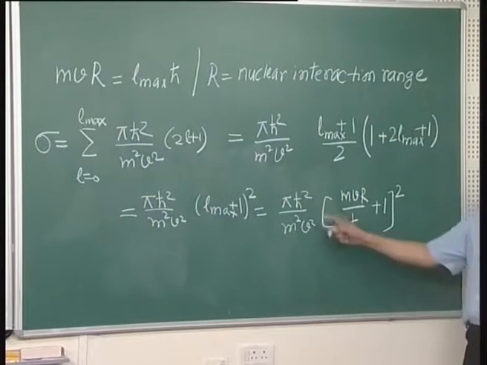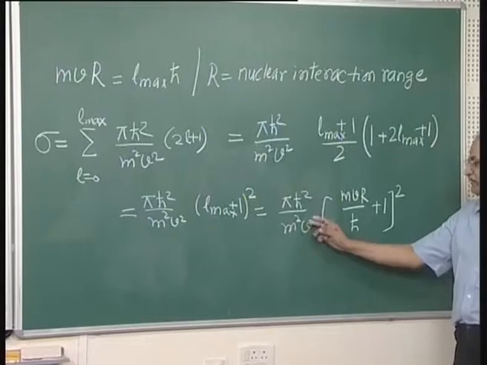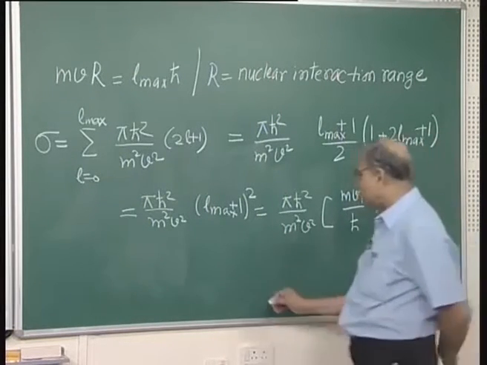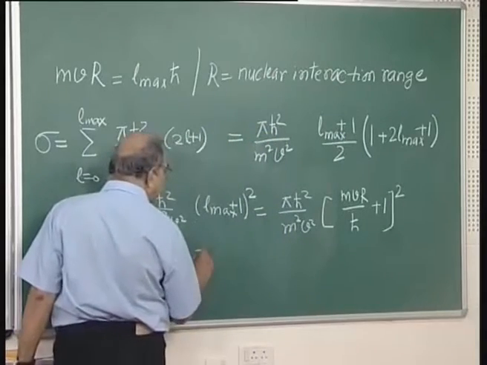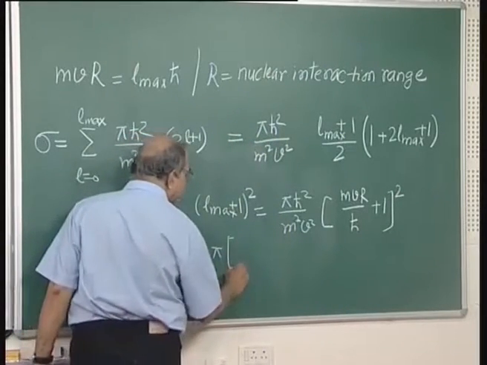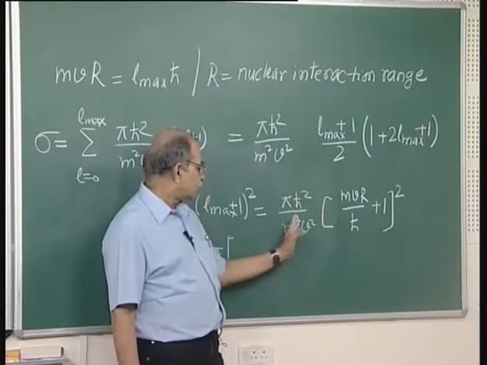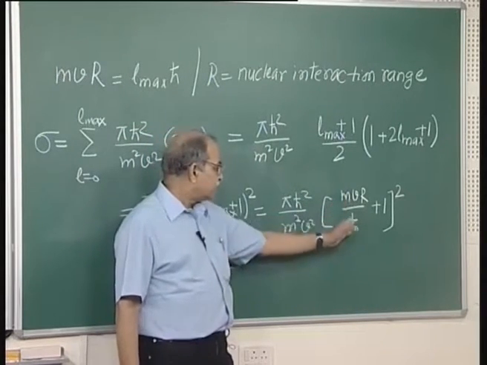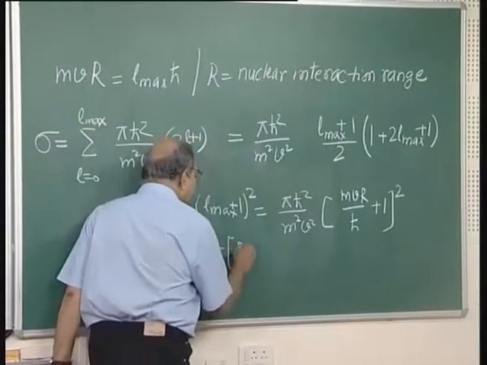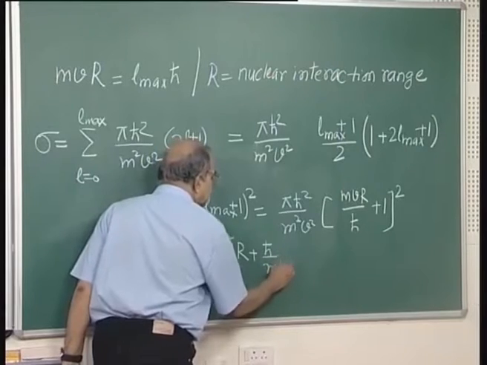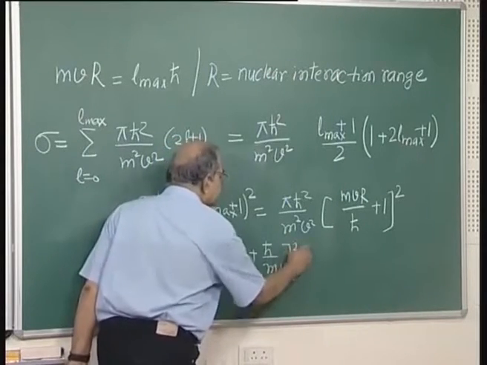If you take h cross square by m square v square inside this bracket, it will be pi, and if I take it inside, it is h cross by m v, h cross by m v. So, this will cancel, this will be R and plus h cross by m v, whole square.